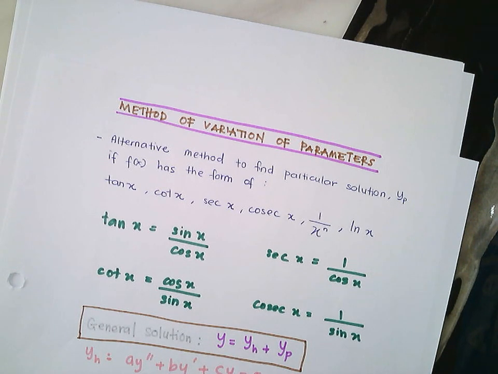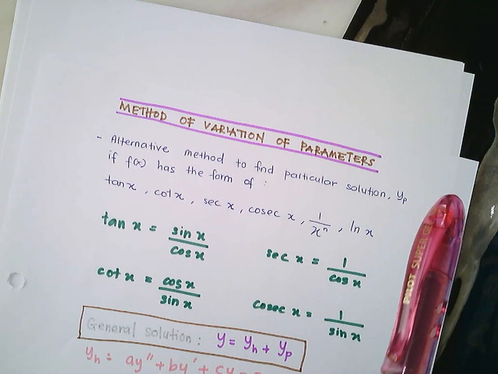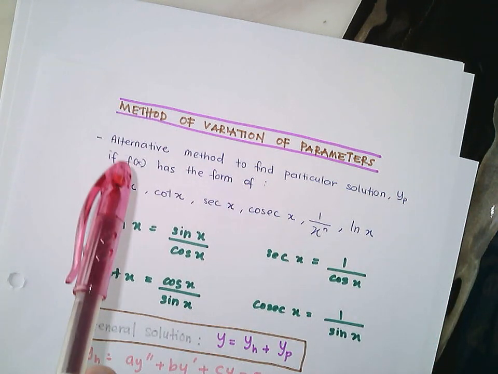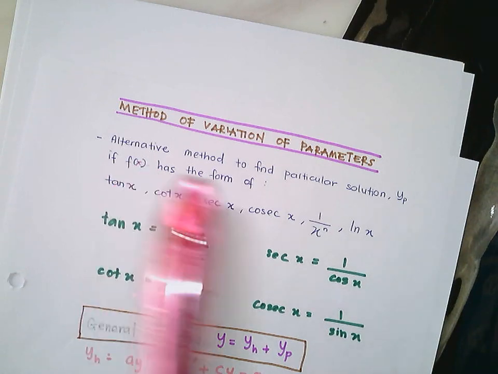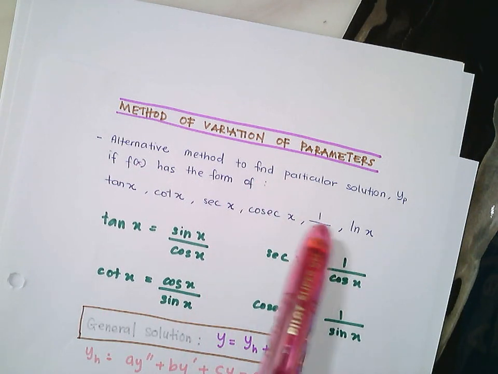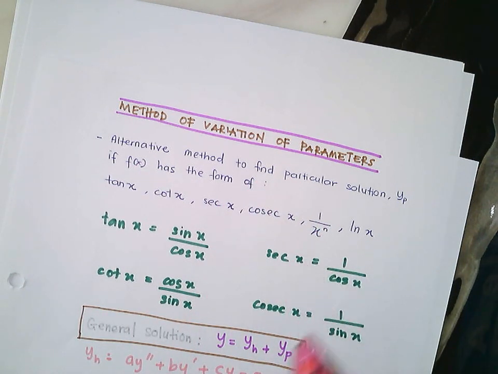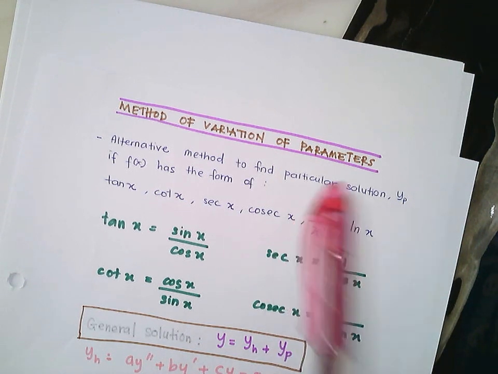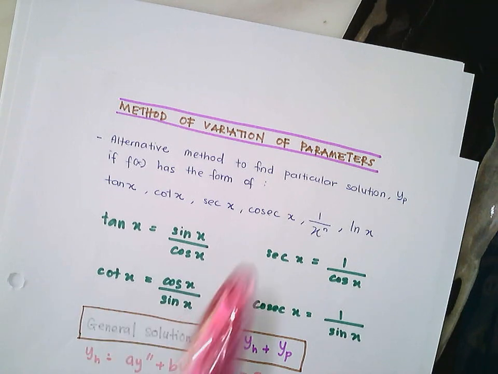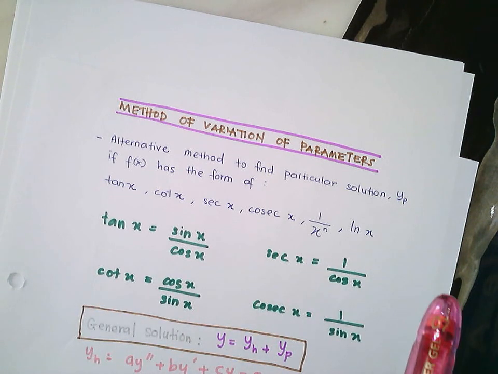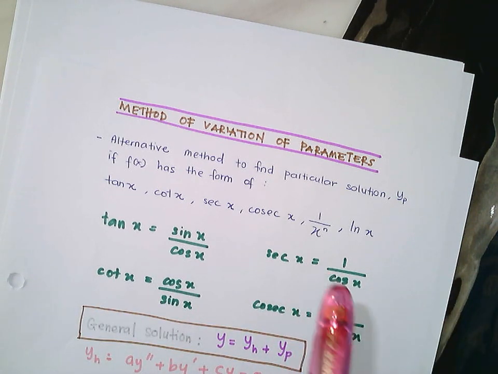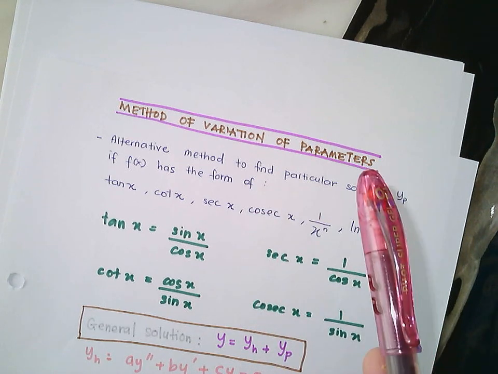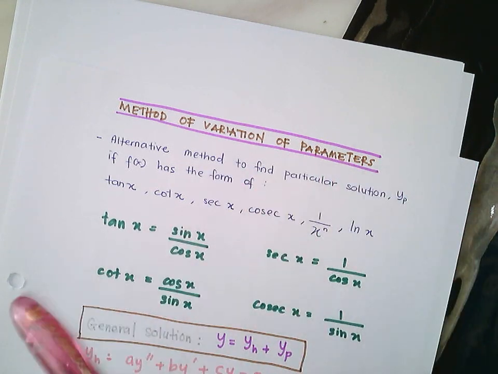Okay, other than that, variation of parameter can also solve problems where your f(x) on the right hand side is a polynomial, exponential, or trigonometric function. Simply said, variation of parameter can be used to solve any kind of problem for f(x), whether it is case 1, case 2, or case 3.